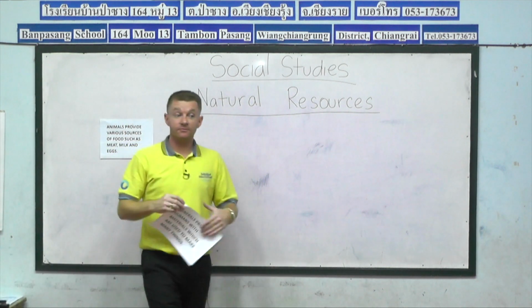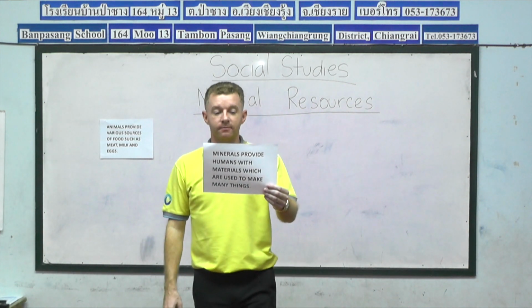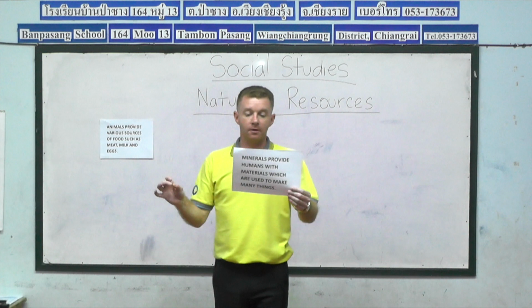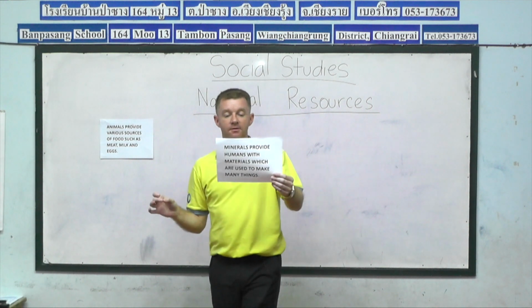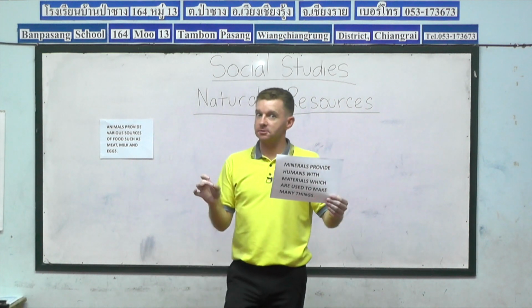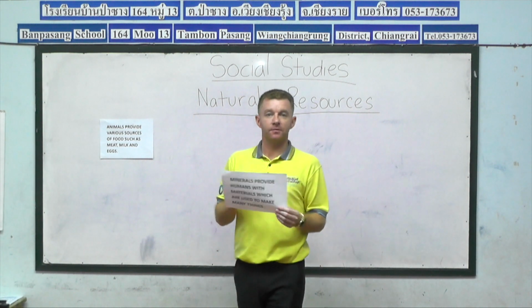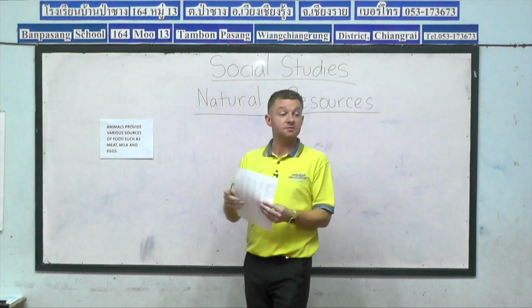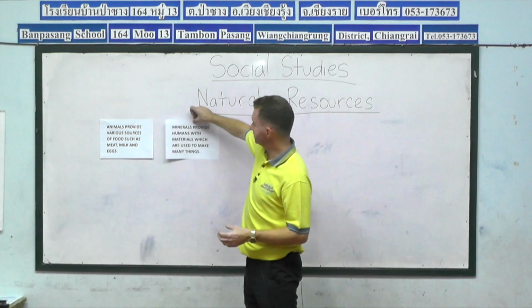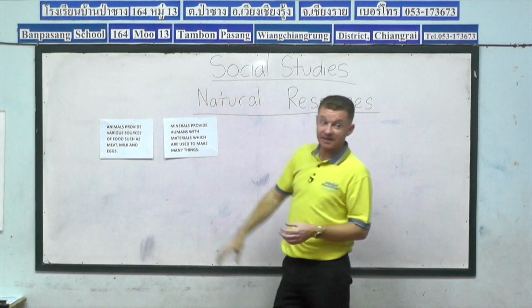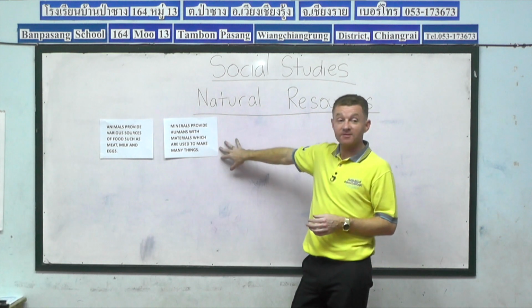Our next sentence, minerals provide humans with materials which are used to make many things, such as machines and jewelry. So if you get that sentence, guys, you know to refer to this one with minerals.